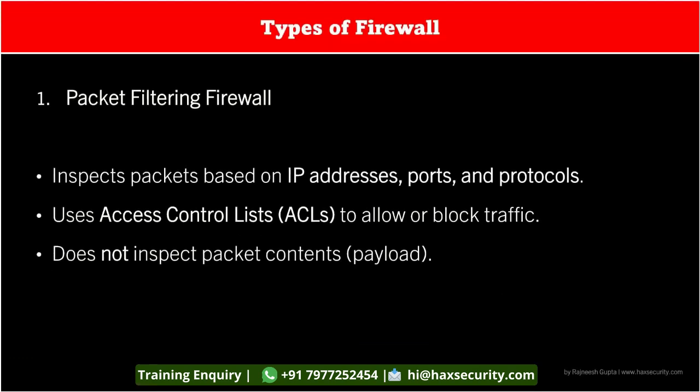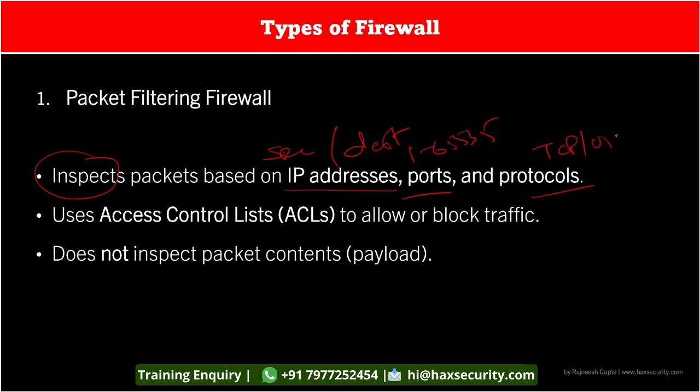What are the types of firewalls? Number one, the packet filtering firewall. In this firewall, the packets are inspected based on the source and destination IP address, ports, which range from 1 to 65535, and the protocol like TCP, UDP, or ICMP.